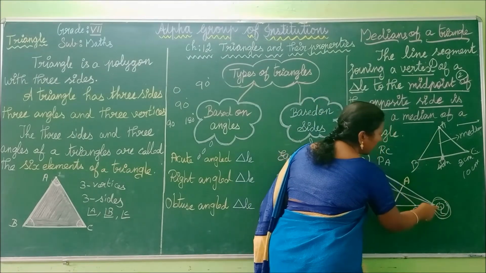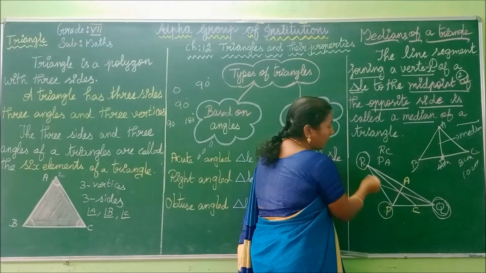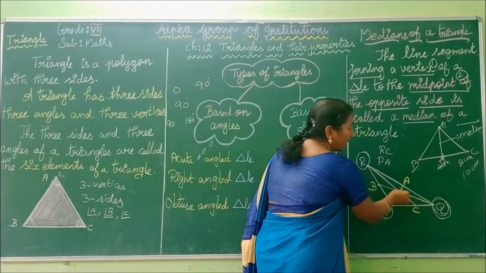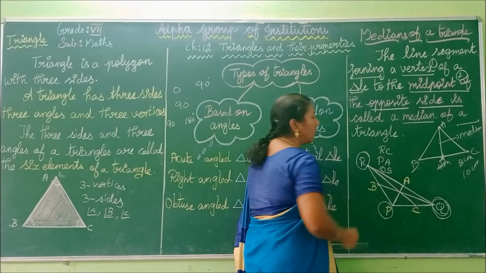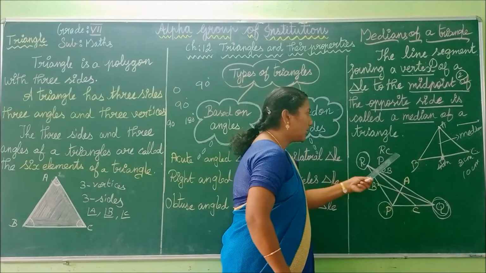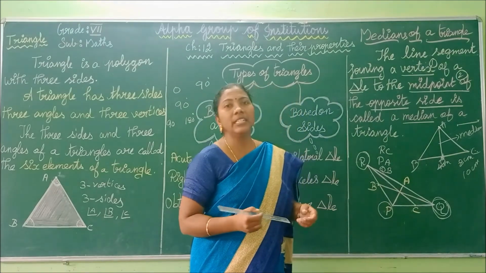Q. Which is the opposite side of Q? PR, and the midpoint of PR is B. Now we are going to join this vertex and the midpoint. So QB. So for this triangle PQR, RC, PA, QB are called the medians of the triangle.